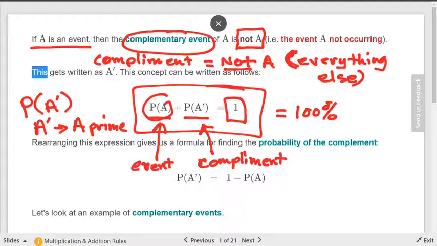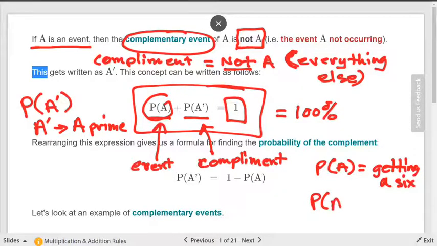So, for example, if the probability of A is getting a 6, then the complement of that, or A prime, is not getting a 6. Is that better?